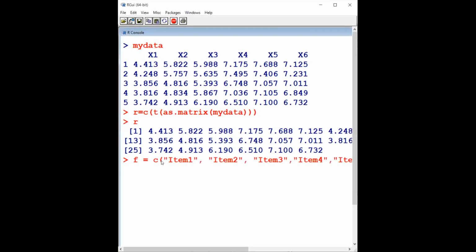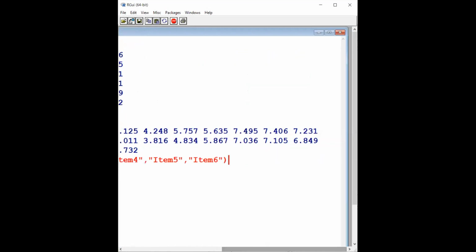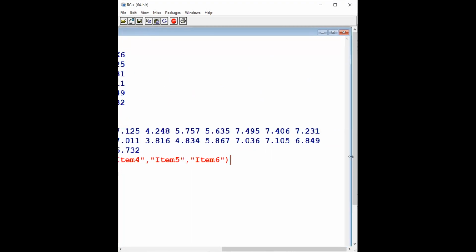Let's give the factor names as item 1, item 2, item 3, item 4, 5, and 6.